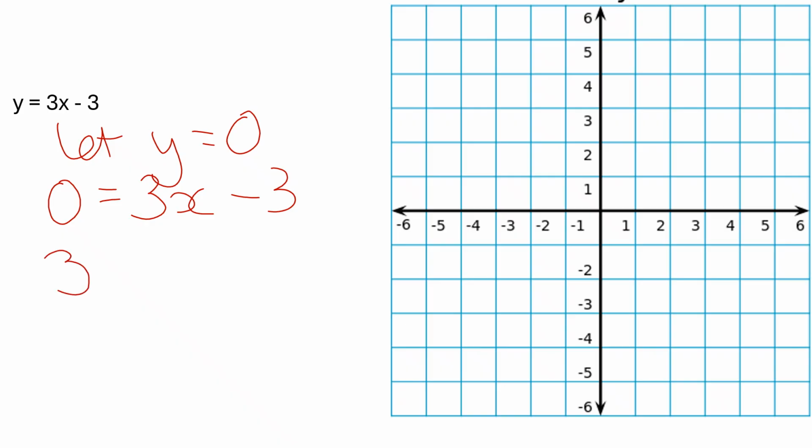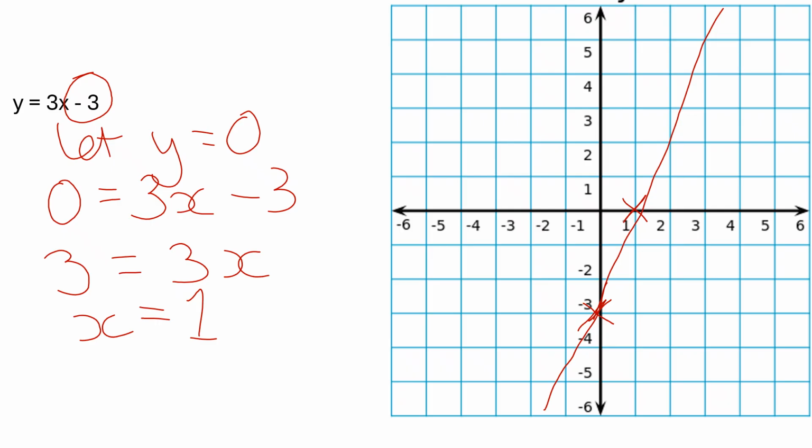So we'll have 3 equals 3x. We divide by 3 and we'll just get x equals 1. And then we can look at our equation and see here what the y-intercept will be. Negative 3 here, and then we can join our points.